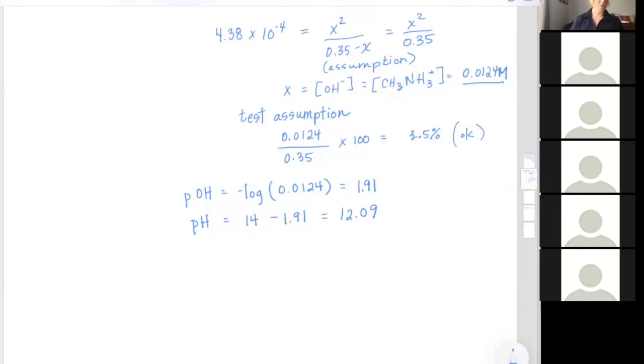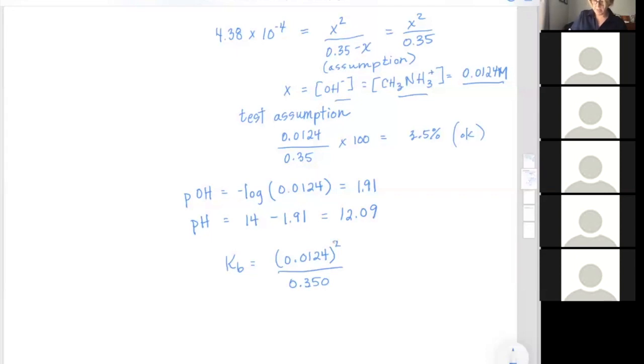Remember, you can also check your numbers, and that is by calculating the Kb with the values that you've given yourself. So 0.0124 is both our OH and our CH3NH3, so we can square that and then divide it by the concentration of the methylamine.